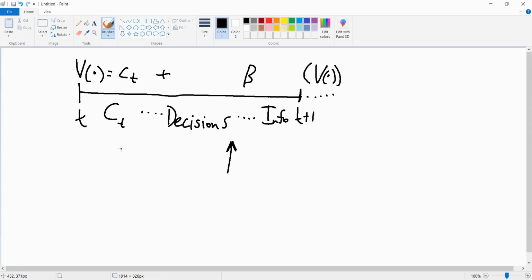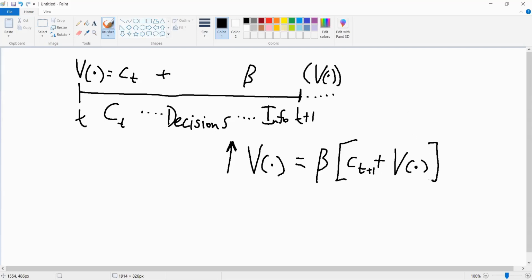So you've already consumed, you're about to go to bed for the next period, and therefore your value function in this alternative is going to be the discounted value of tomorrow's consumption plus, well, going through the day, V of whatever's going to happen the next period, where you don't need the discount factor here because, of course, as soon as you wake up, as soon as this is measured, it's already got the discounting of tomorrow in it.